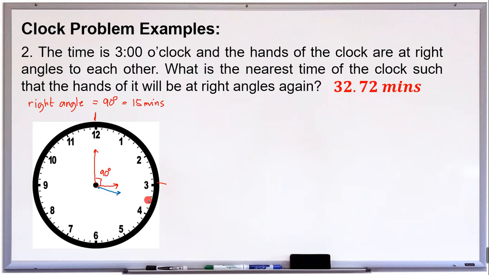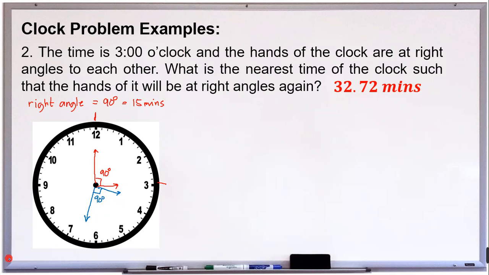So that would be somewhere between 4 and 5. That is 5 minutes, then right here 10 minutes, then right here 15 minutes. So this is probably the final position of our minute hand. The angle between the hour hand and the minute hand in this position is again equal to 90 degrees.